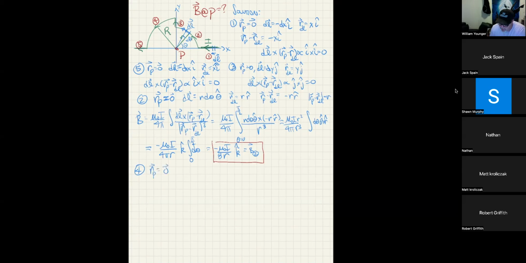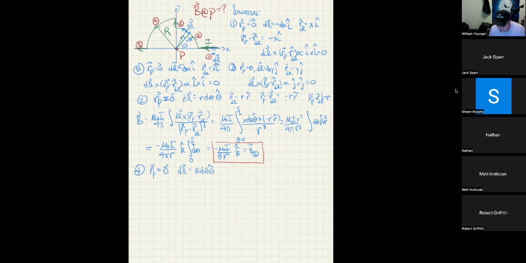All right, so RP is again going to be the 0 vector, not hat. Definitely can't be hat. DL is again going to be the exact same thing as it was in part 2, only the radius is larger, so it's going to be R d theta theta hat.